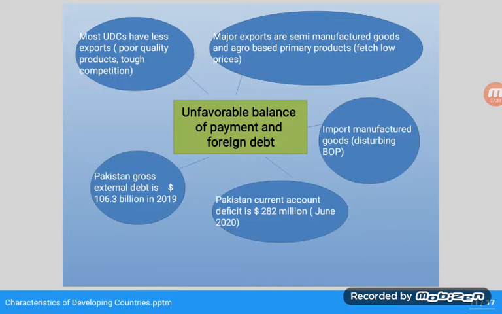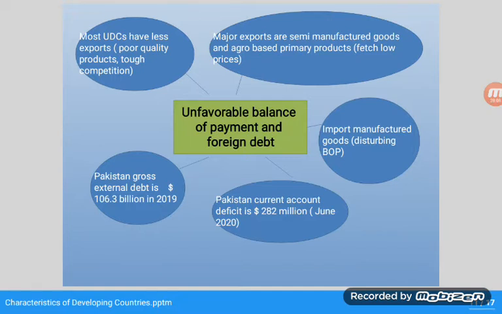And their major exports are semi manufactured goods and agro based primary products. Since developing countries are mostly agricultural countries, remember in the beginning I told you that these are called agricultural countries also, all they are producing is agricultural products. So this is what their exports comprise of.